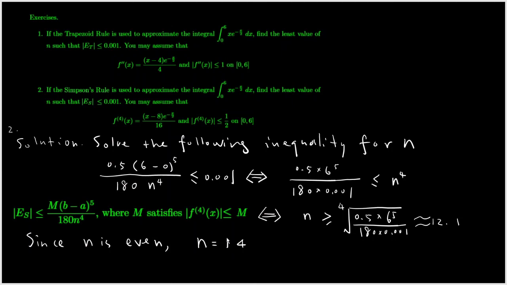This means you need to divide the interval from 0 to 6 into at least 14 subintervals to achieve that accuracy.